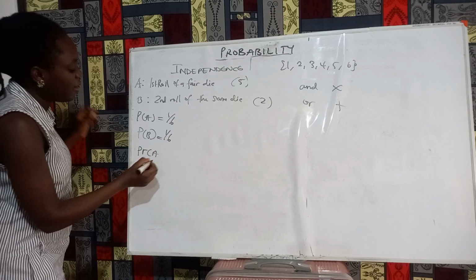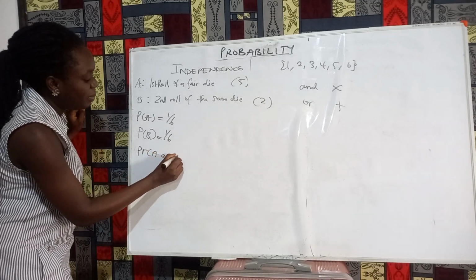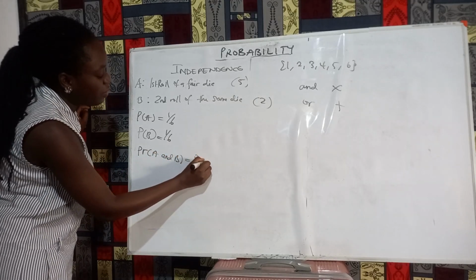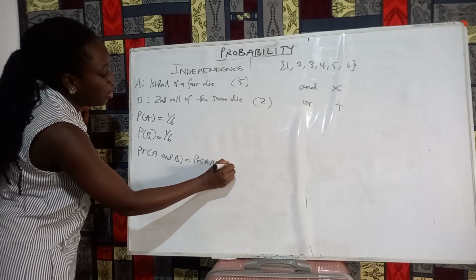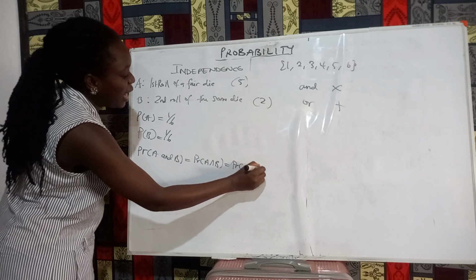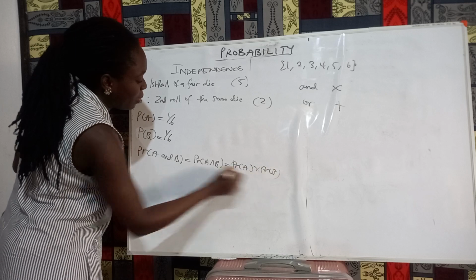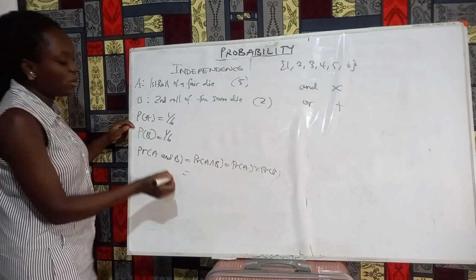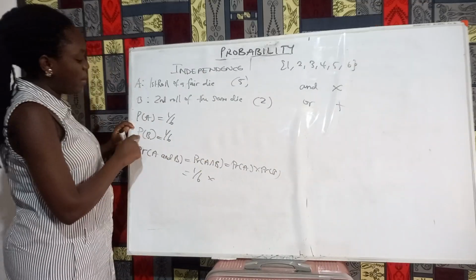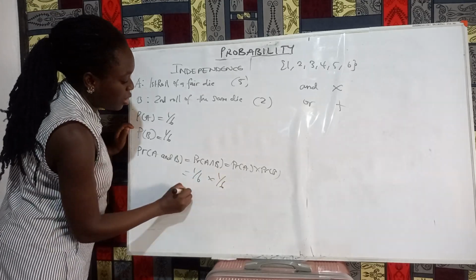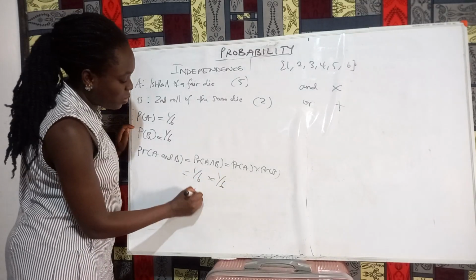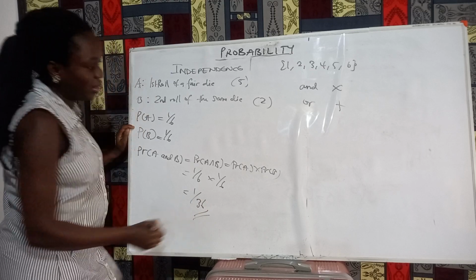So if you want to find the probability of A and B, then the probability of A intersection B is equal to probability of A times the probability of B. Probability of A is 1 out of 6, probability of B is 1 out of 6. So 1 over 6 times 1 over 6 is just 1 out of 36. So this is our final answer.